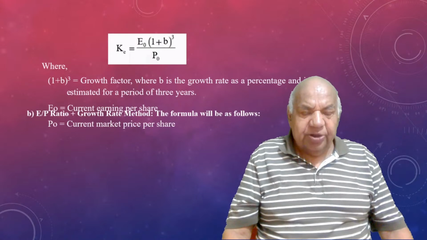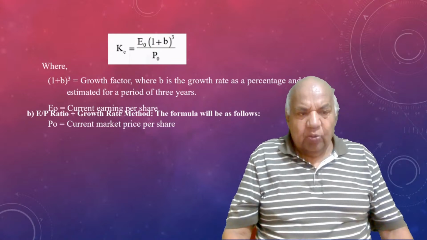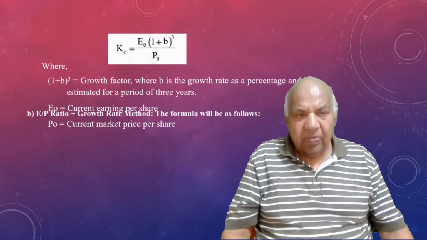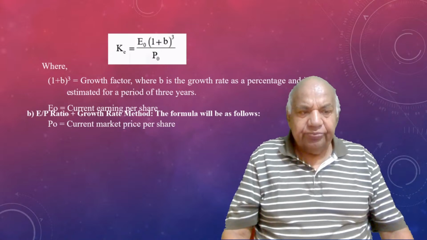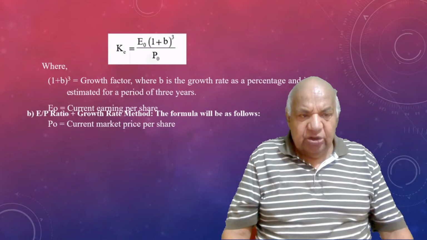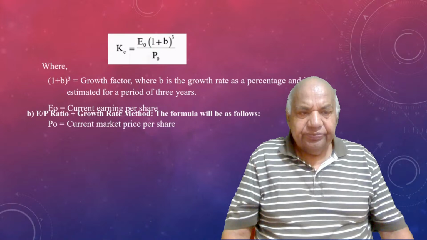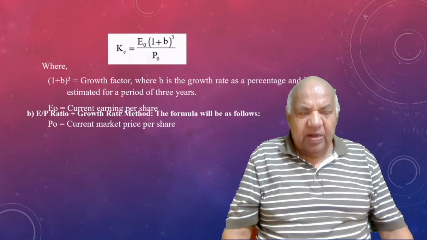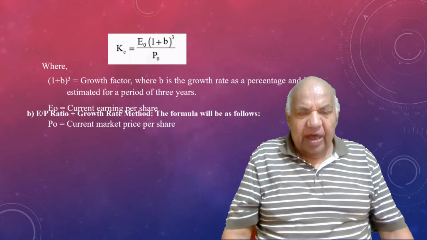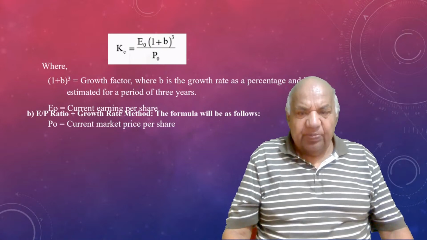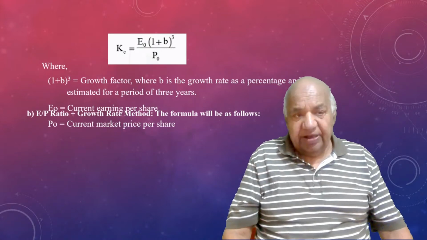EP plus growth rate method. The formula is as follows. Cost of equity, KE, equal to E0, current earning per share, multiplied by 1 plus B raised to n, growth factor, where B is the growth rate as a percentage and is estimated for a period of 3 years.